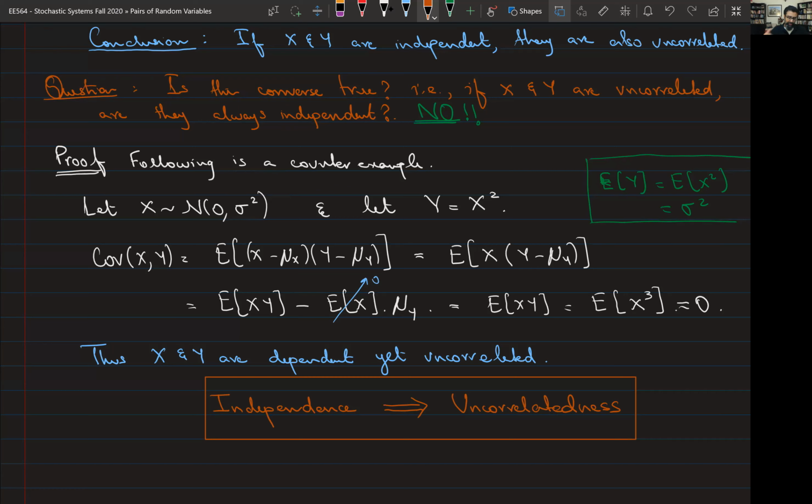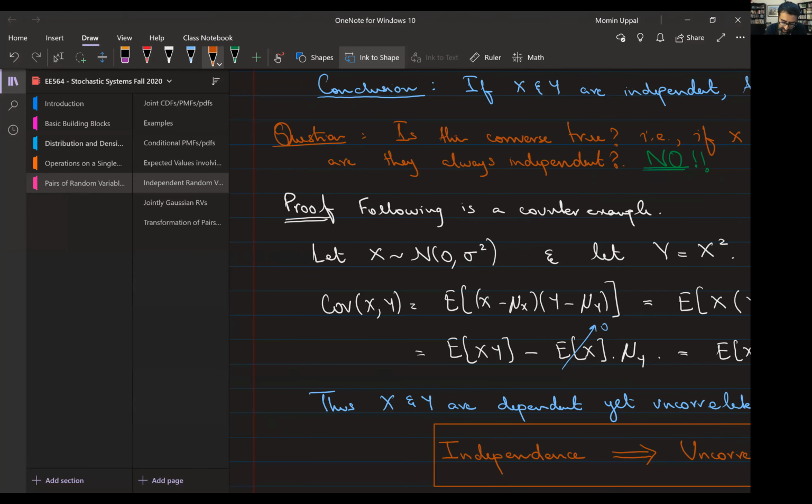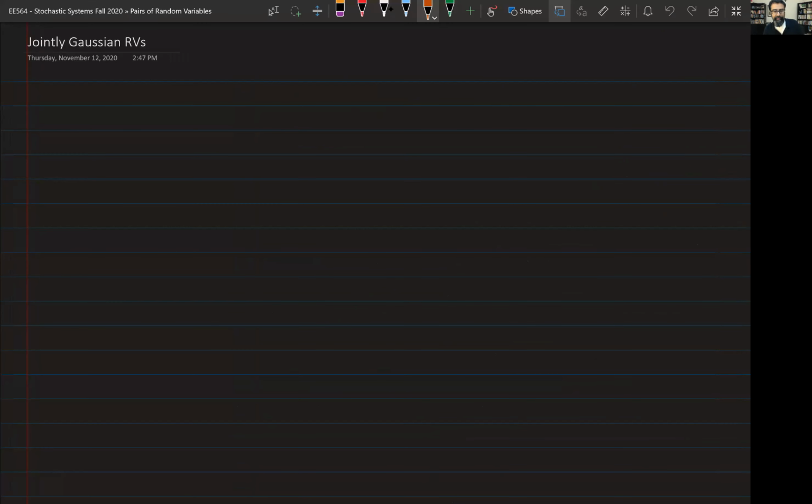Okay, so we have 5 minutes. I will just introduce the next topic, and then talk about more details when we come back on Tuesday. So that topic is about jointly Gaussian random variables. Okay, so we talked about Gaussian random variables. Now we want to generalize this further to jointly Gaussian random variables.